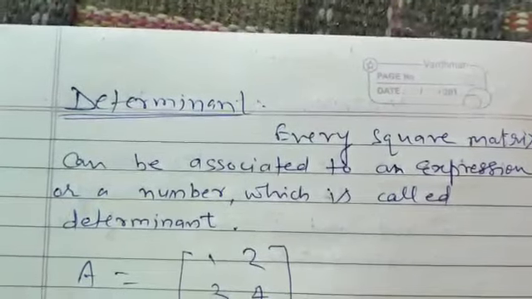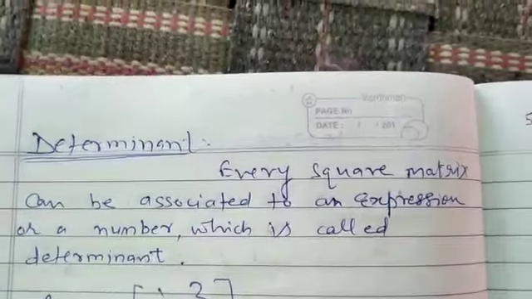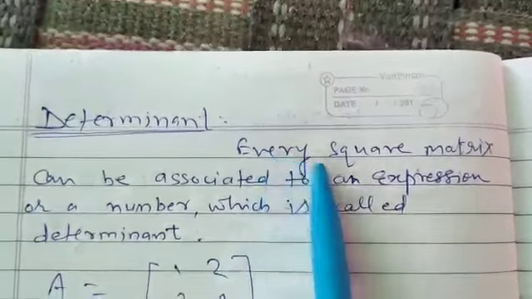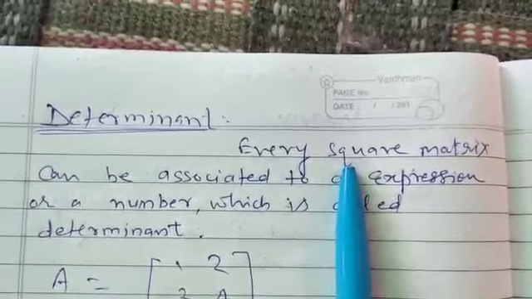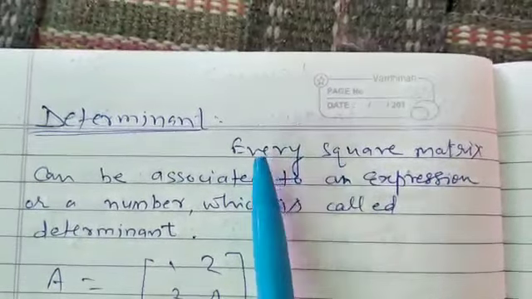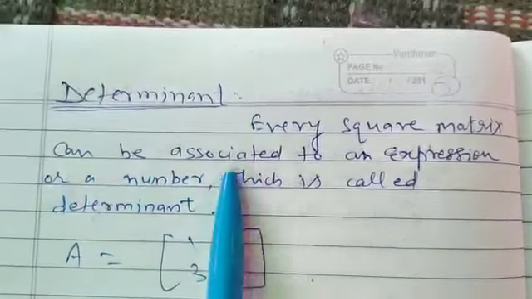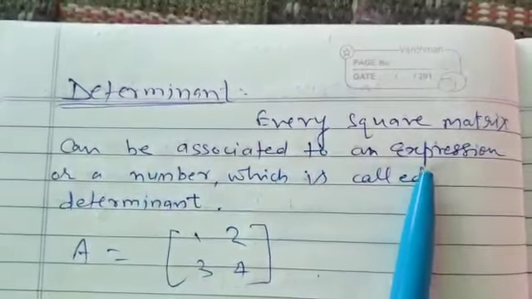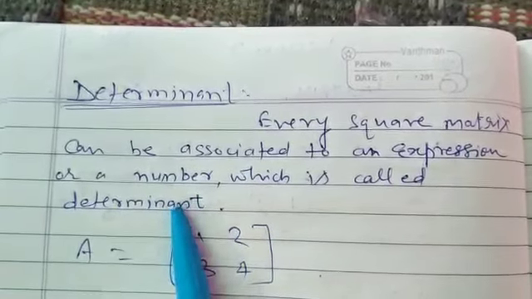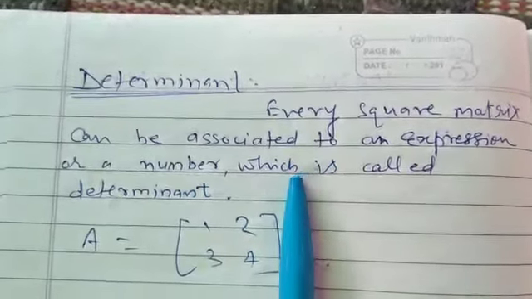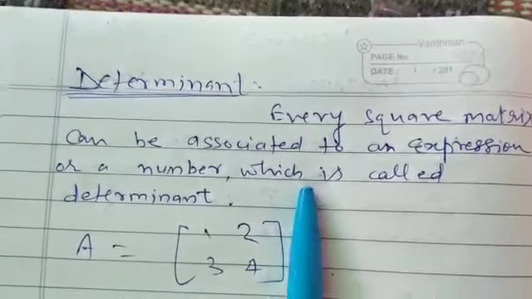After this, the next topic is determinant. What is determinant? Here it is compulsory that the matrix should be a square matrix. So every square matrix can be associated to an expression or a number which is called determinant. किसी भी स्क्वायर मैट्रिक्स को हम एक वैल्यू में कन्वर्ट कर सकते हैं, उस वैल्यू को determinant बोलते हैं.